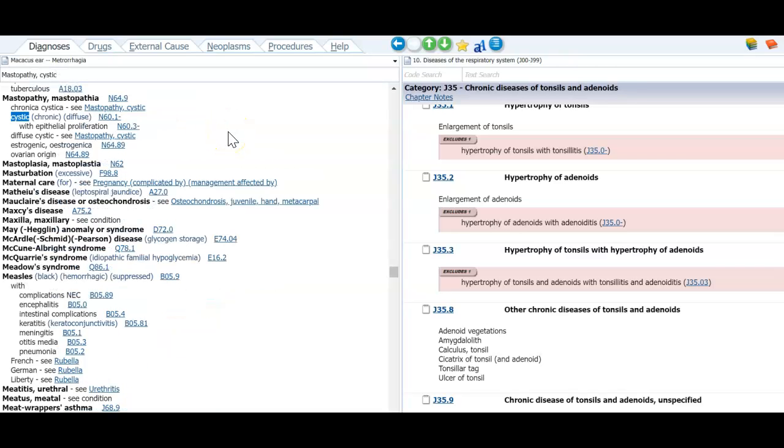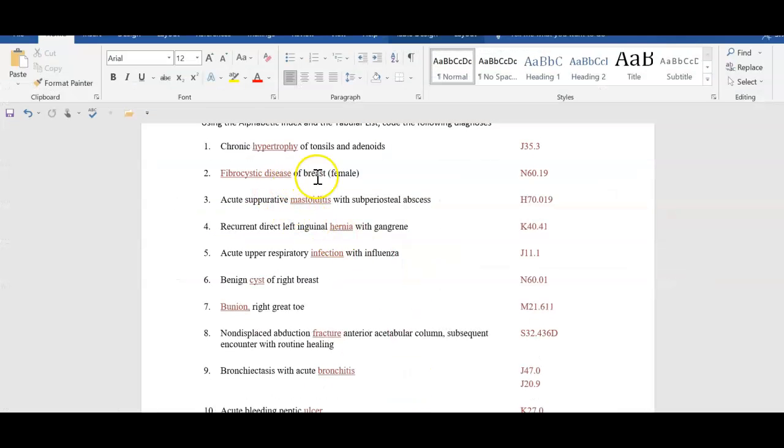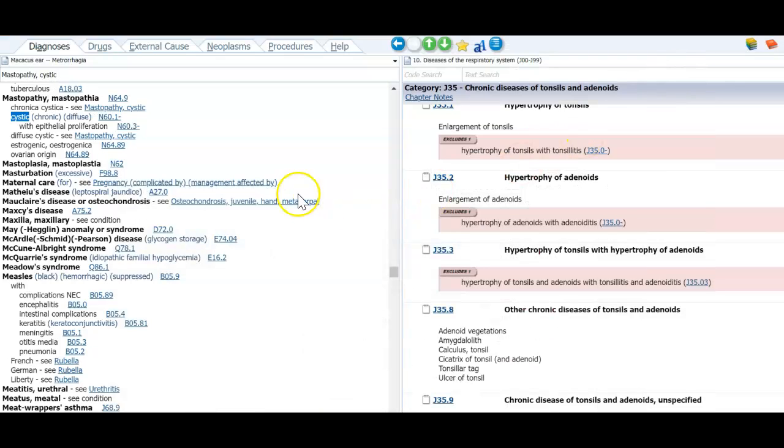So now you want to go to the M section, correct? Everybody should be there. Let me just pull up. It's female, okay, because that does make a difference. So with this, it's telling us N60.1. Now you want to go to the tabular and look up N60.1 because you know right here with that little dash that we need another digit.